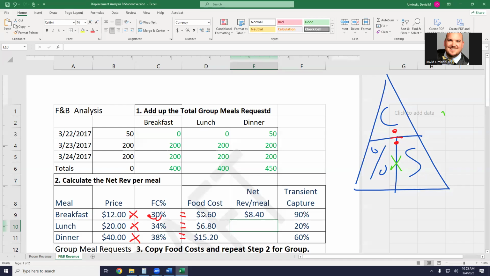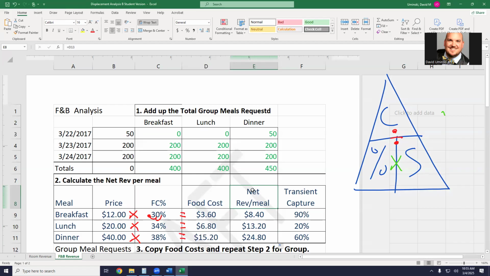Questions, comments, concerns about how we find the net revenue per meal? Yes, sir. How did you say you got the net revenue? Net revenue per meal is the menu price minus our food cost. Okay? We talked about the net revenue per room last week.